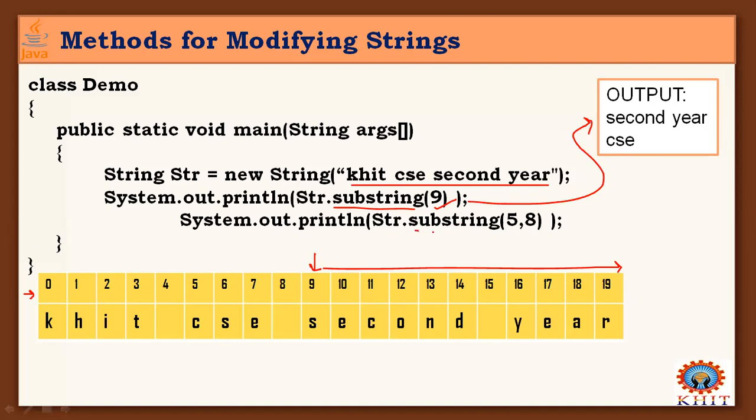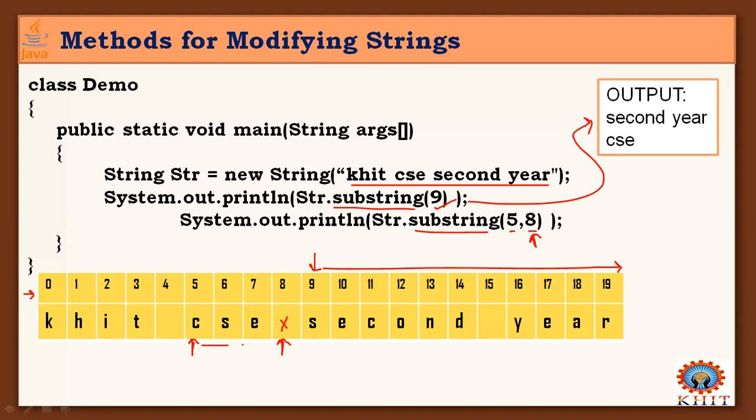Whereas coming to invoking substring with the second form of this method, starting index and second index, not last index, it is a stopping point. So from index 5 to index 8, this is the stopping point and it does not display this point.